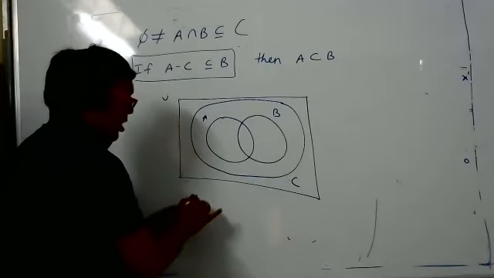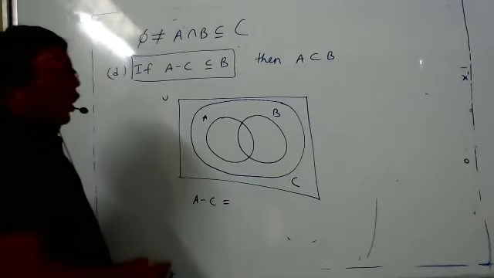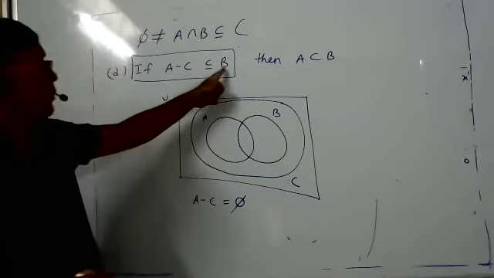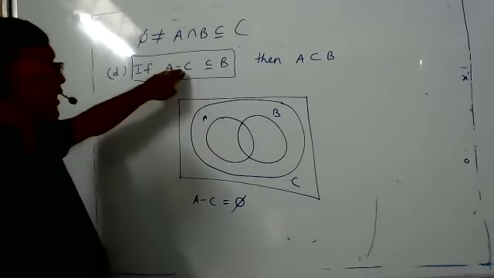Null set, those elements of A which are not in C. All elements of A are in C, so it is the null set. Is the null set a subset of B? Yes, sir. So this condition is satisfied.